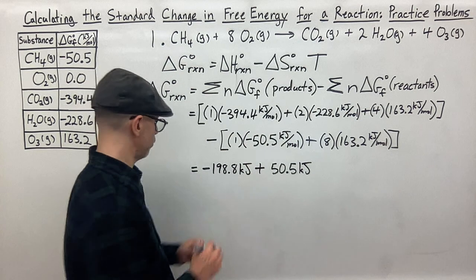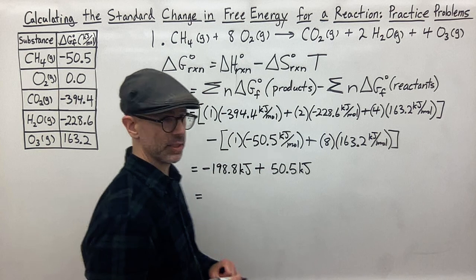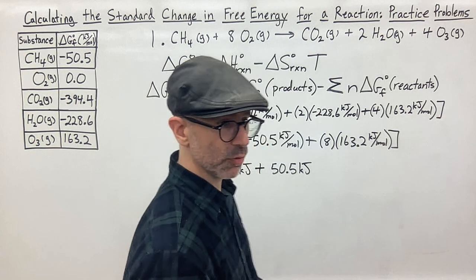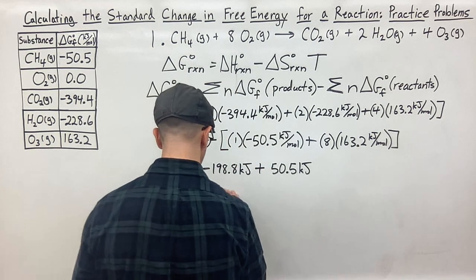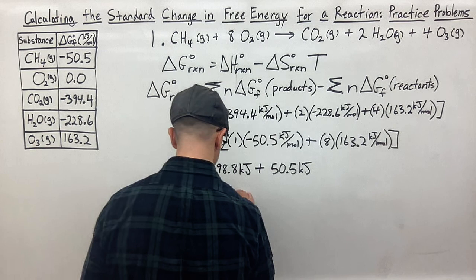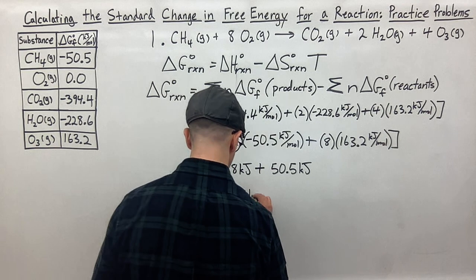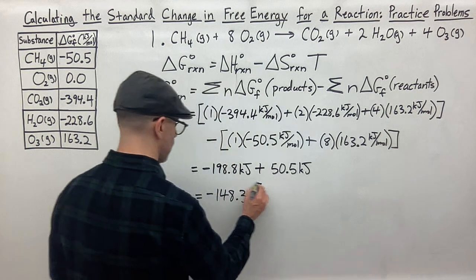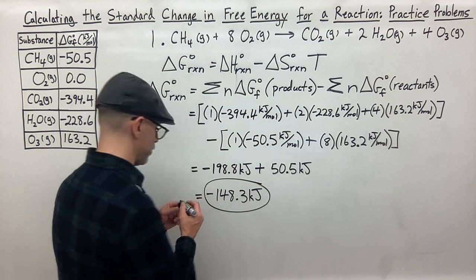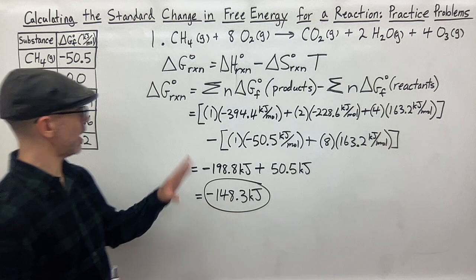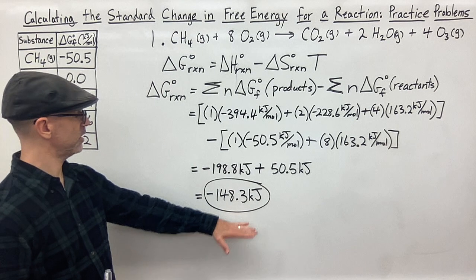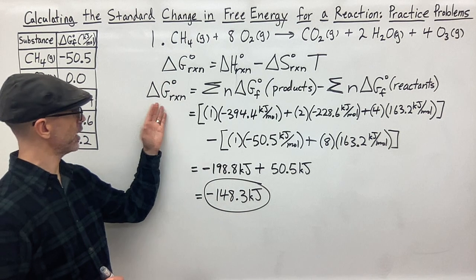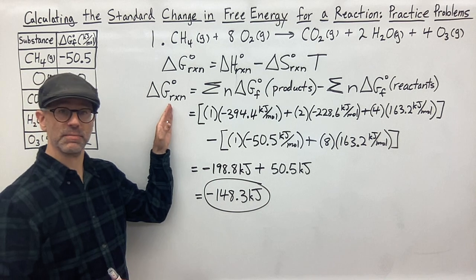And then I add those together, and I finally get negative 148.3 kilojoules of free energy. So this, from the tabulated values, would be the standard free energy change of the reaction.